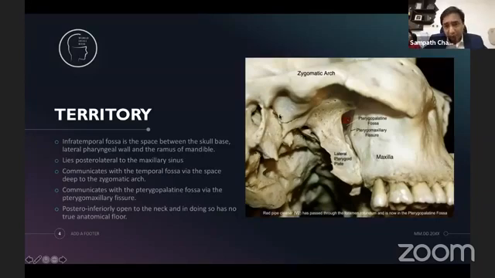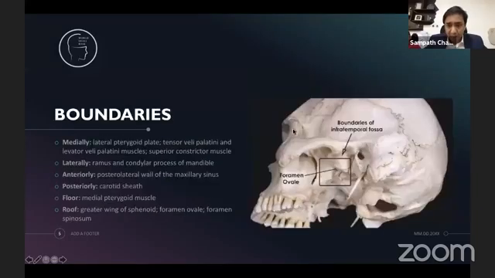Now this is the zygomatic arch. The zygoma bone is here, and this is the glenoid fossa formed by the zygoma, and here you have the greater wing of sphenoid, and this is the suture line between the tympanic bone and the sphenoid bone. This here is the spine of the sphenoid.